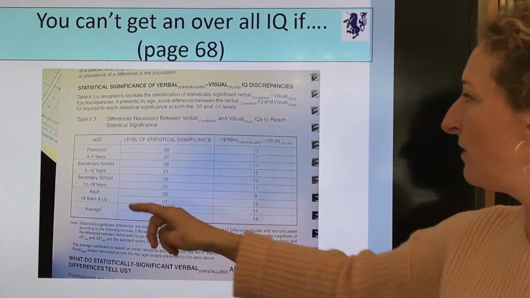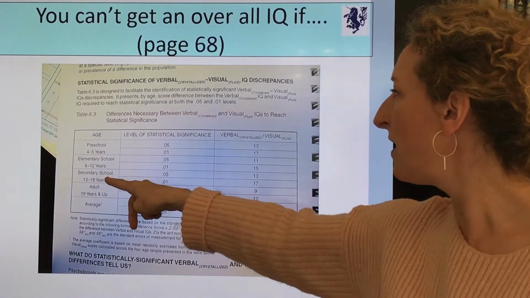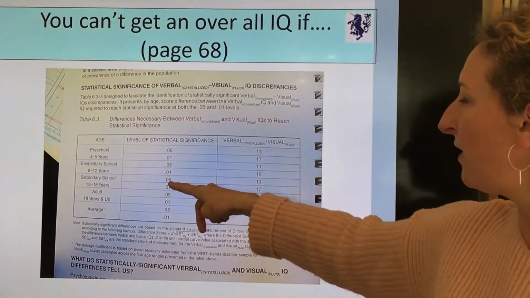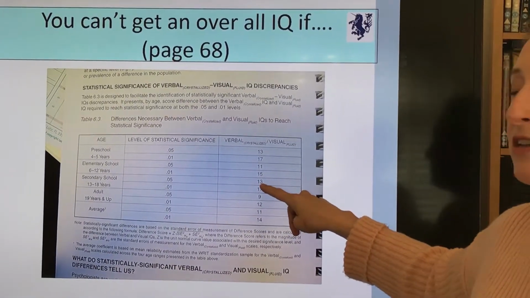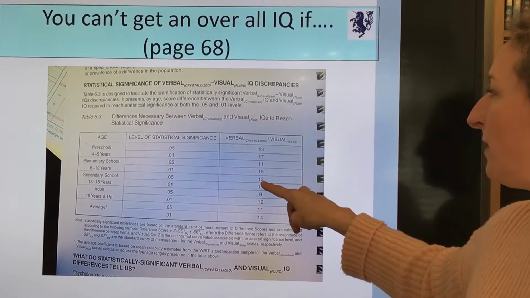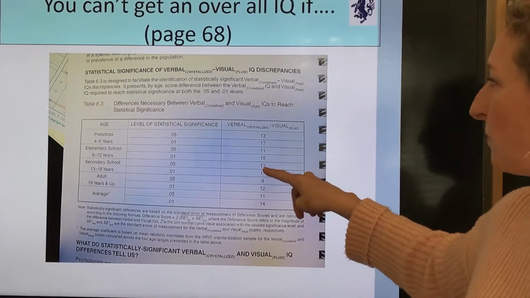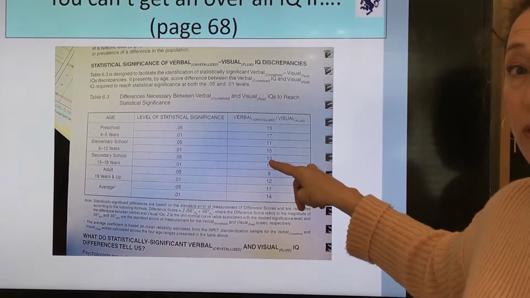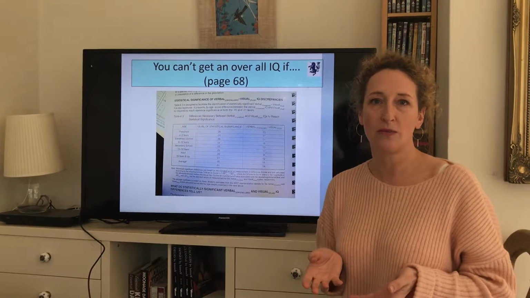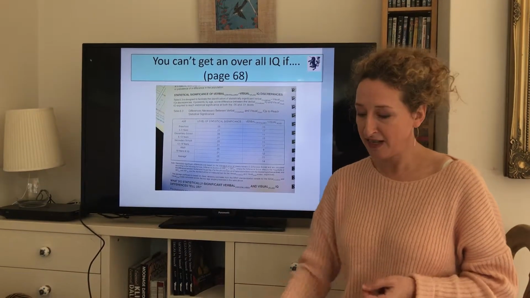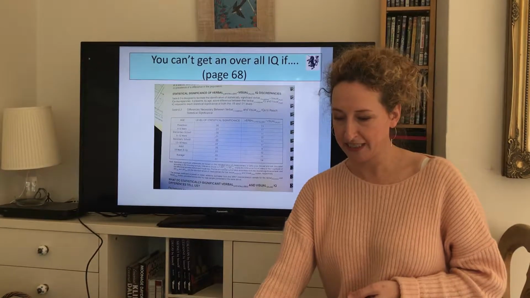So say if I'm testing a 13-year-old, I want 0.05 level of statistical significance, that's 13. So if the difference between my verbal and visual composite scores is 13 or above, I can't get the general IQ or general underlying ability composite. I hope that's made a little more sense for the RIT.